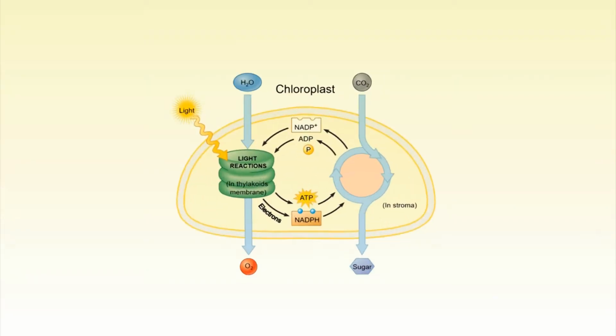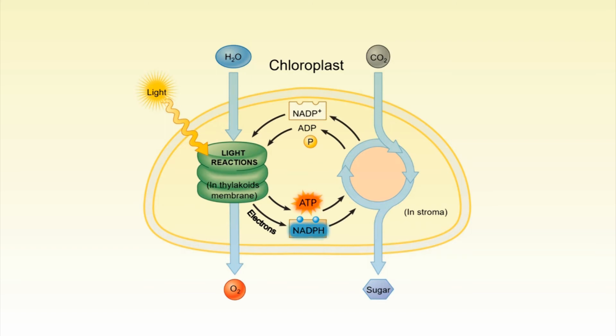Because CF1 is on the stromal surface of the thylakoid membrane, the newly synthesized ATP is released directly into the stromal space. Likewise, NADPH formed by photosystem 1 is released into the stromal space. Thus, ATP and NADPH, which are the products of the light reactions of photosynthesis, are appropriately positioned for the dark reactions which will take place subsequently in the stroma, where carbon dioxide is converted into carbohydrate.